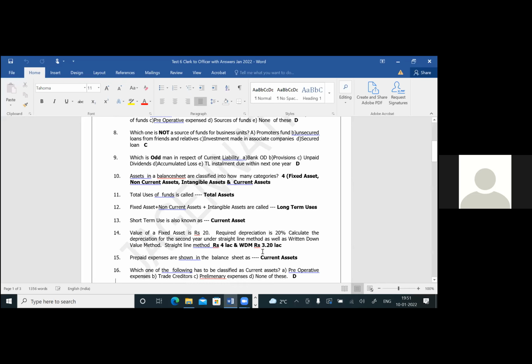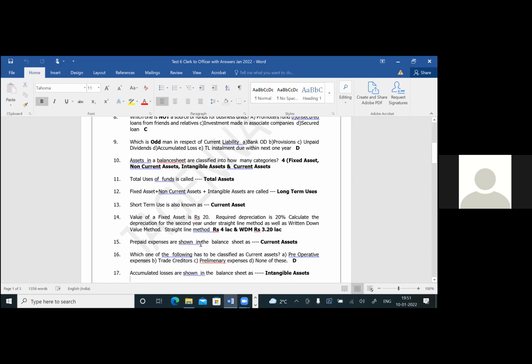Then question number 15. Prepaid expenses are shown in the balance sheet. What is a prepaid expense? You have paid in advance, isn't it? It is money belonging to you. For example, Indian Express, so annual subscription is also there. For example, locker.